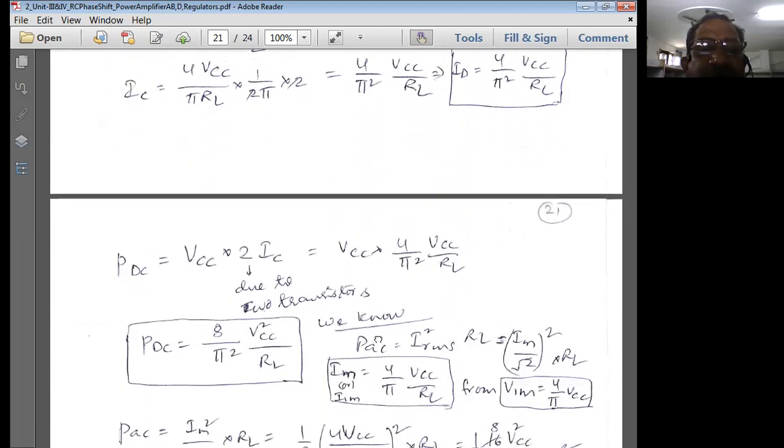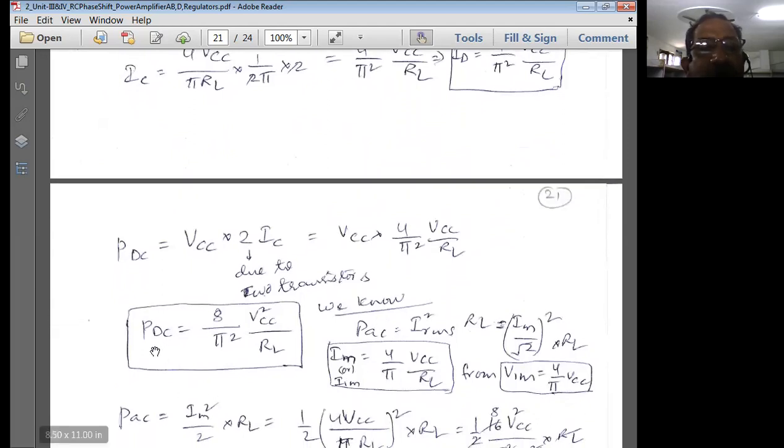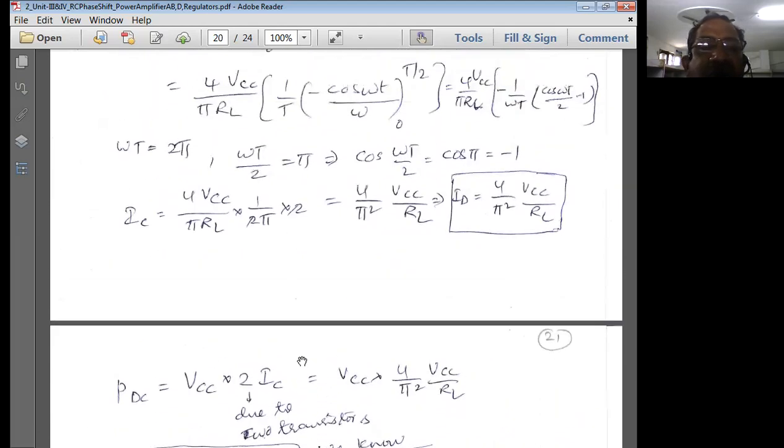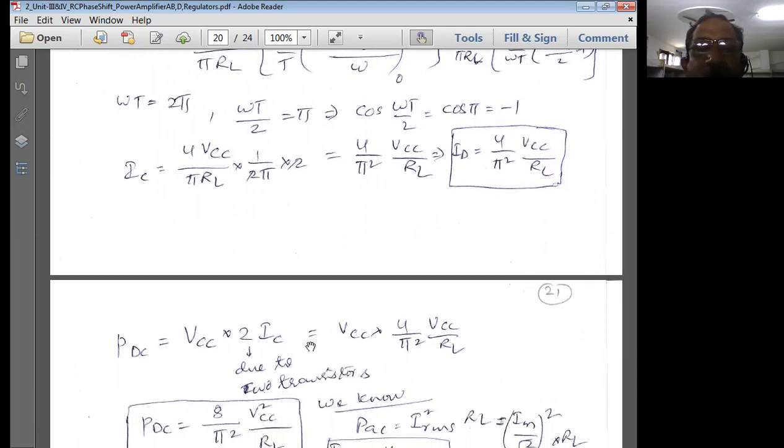Now, what is the total input power? It is PDC equal to VCC into IDC. IDC is because of 2 transistors. This IC, what we got, is for a single transistor, and I have to use 2 transistors. Therefore, I can write IDC equal to 2 times IC.